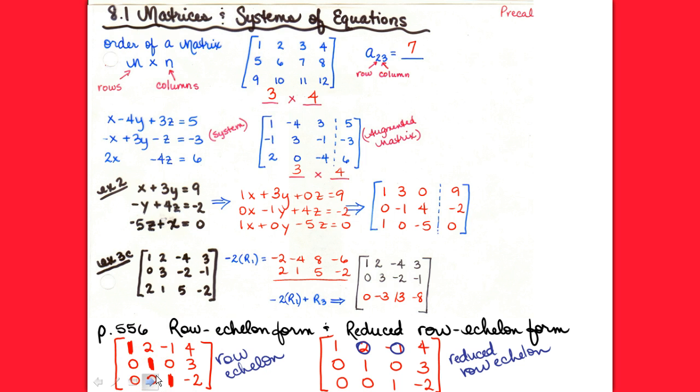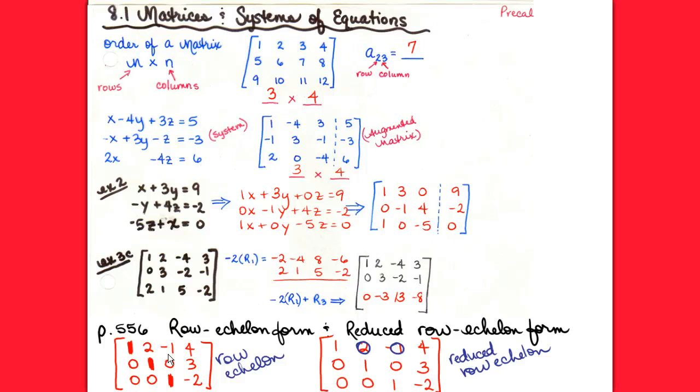If I also wanted it to be in reduced row echelon form, then every number above and below a leading 1 would have to be a 0. So this 2 would have to be changed to a 0, and that -1 would have to be changed to a 0, so that everything above and below those leading 1s were zeros. Then that would be in reduced row echelon form. So this is in row echelon form and reduced row echelon form. This one is only in row echelon form.